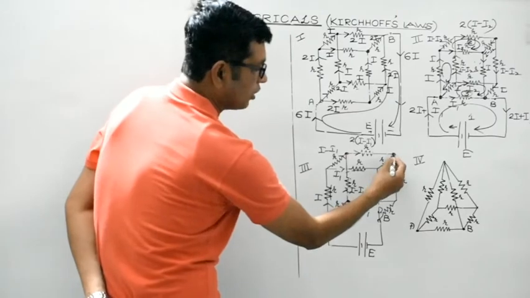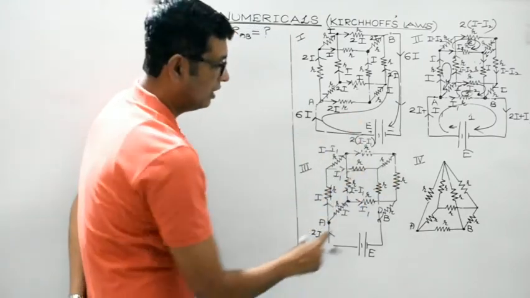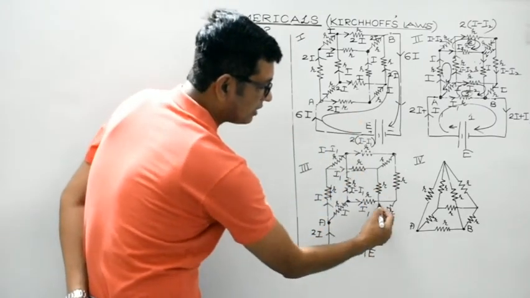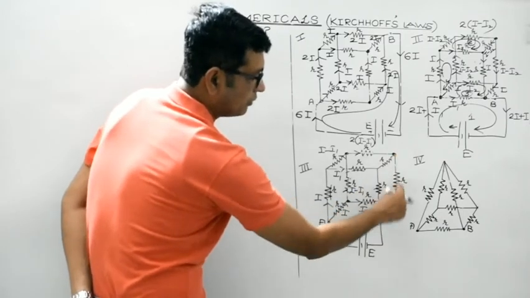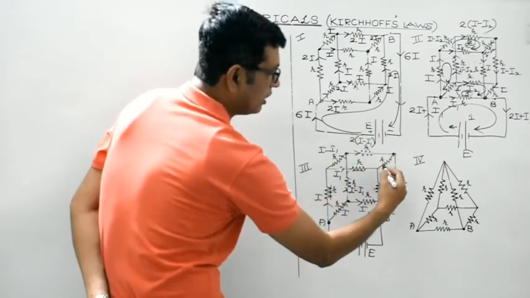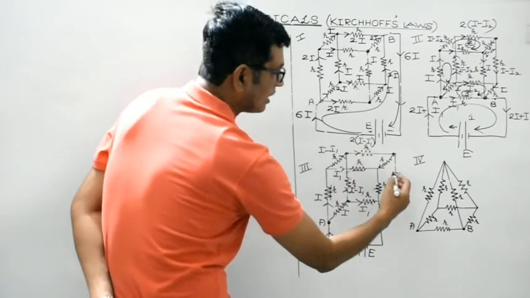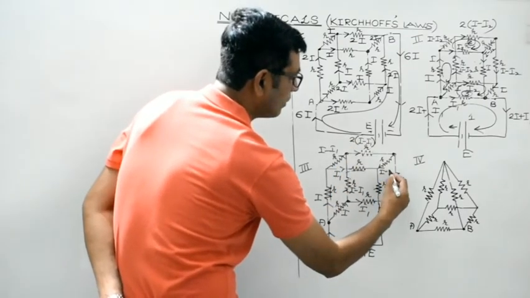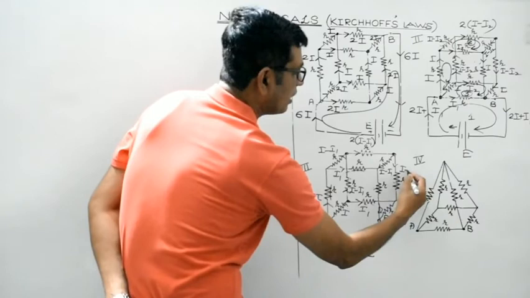Then at this point, this is the net current arriving, and this is the point where the current will make an exit. Both offer the same resistive path, so this current will get equally divided. Twice I minus I1 will get equally divided as I minus I1 here and again I minus I1 over here.